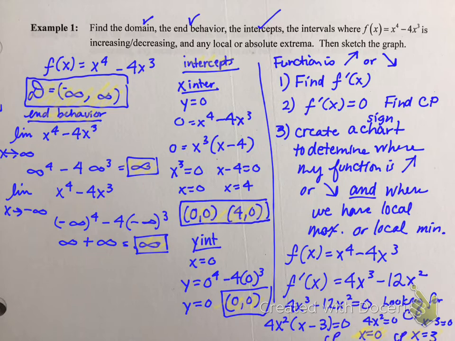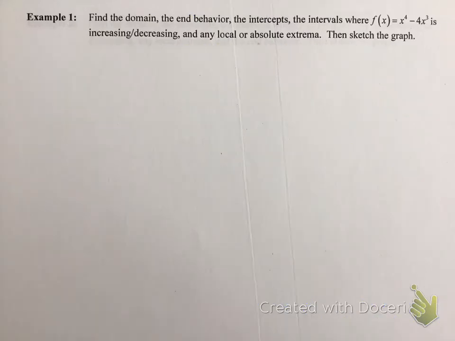Okay, so I'm going to do the chart on the next page. So my critical points, once again, are when x equals 3 and when x equals 0. Okay, so I have 2 critical points. All right, so I'm going to make a sign chart.